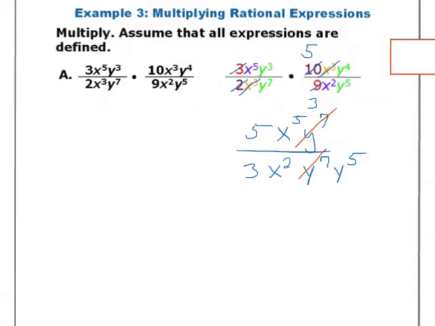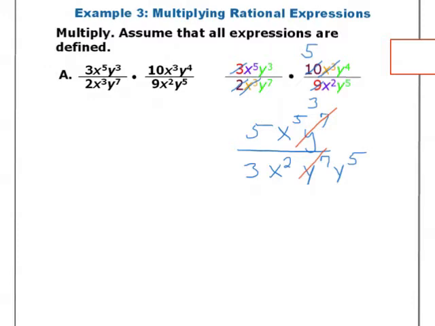Now, one more little thing that will divide out. Notice I have x to the 5th here, and I have x to the 2nd down here. So with that in mind, I have like bases, so I'm going to subtract the powers, so that gives me x to the 5 minus 2, or x to the 3rd.